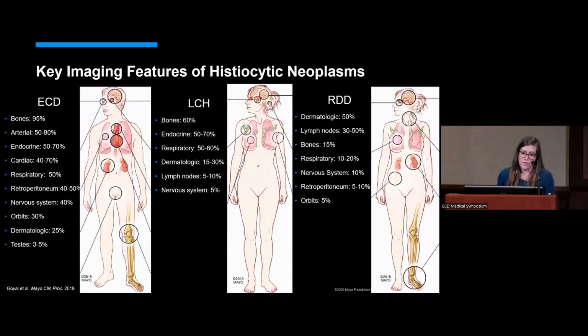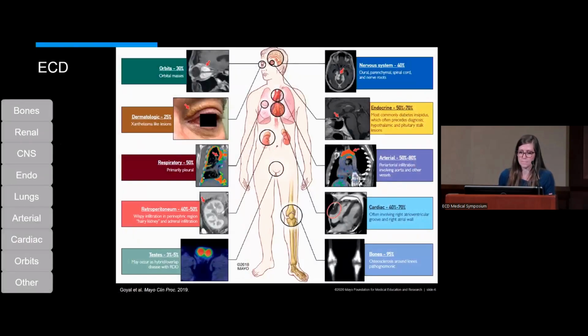So here's another nice overview of the key imaging findings or organ distributions that we see in these histiocytic neoplasms. As you know, the bones are often involved in ECD and LCH, along with diabetes insipidus. And then in RDD, you're going to have most commonly skin and lymph node involvement.